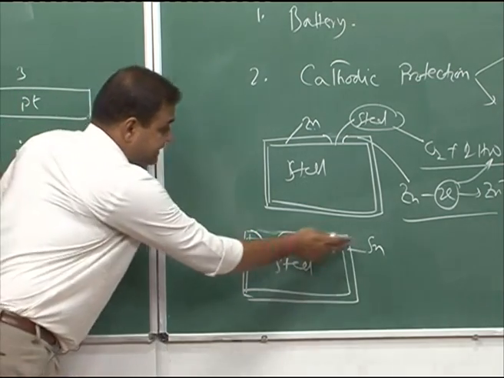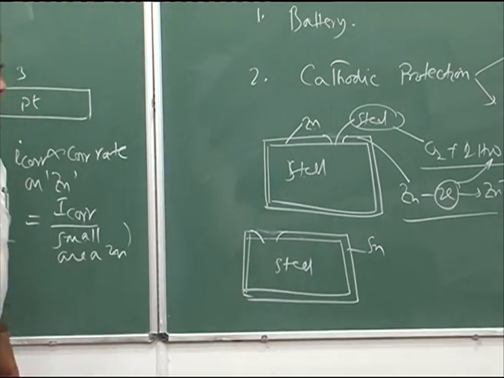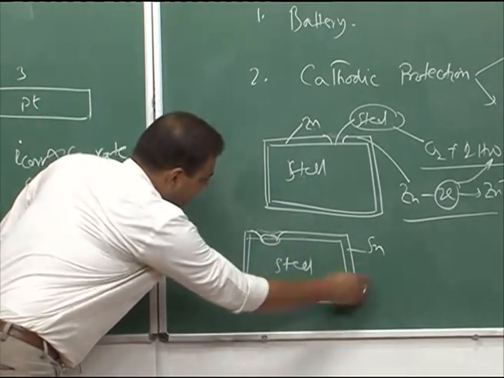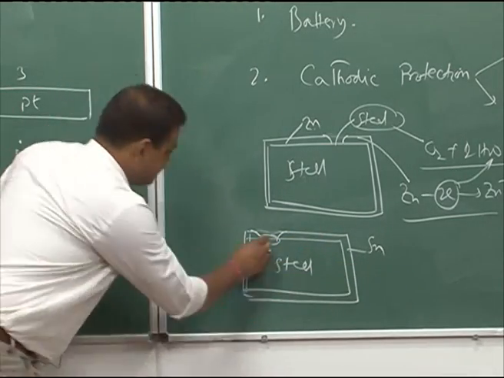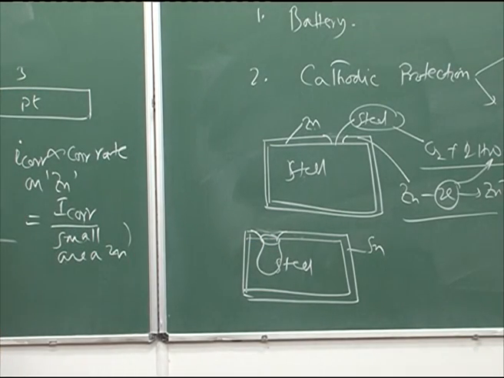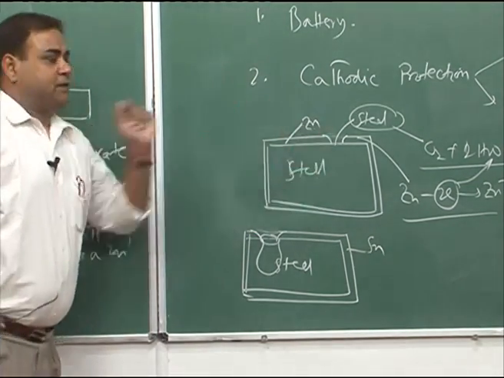Now steel will act as cathode and tin will act as anode, and since we have a large area of the cathode, the tin will be corroded at a very fast rate because of this unfavorable area ratio. So, the tin coating is not advisable and zinc coating is advisable.